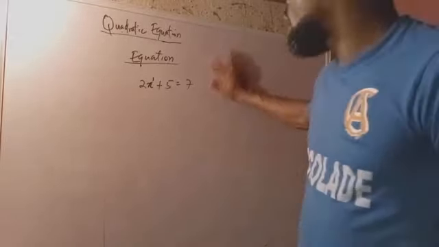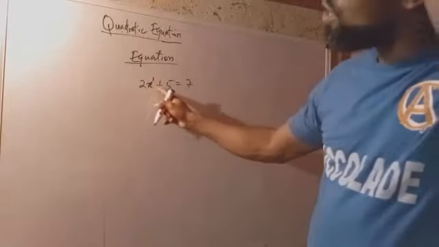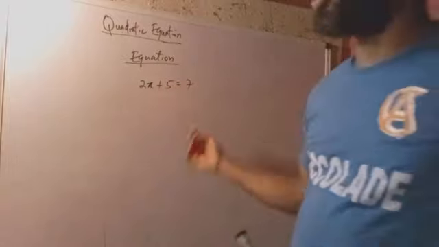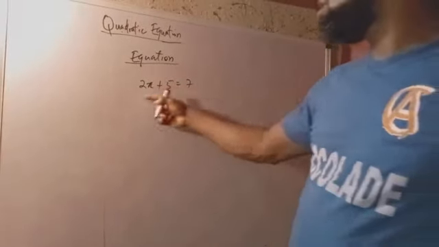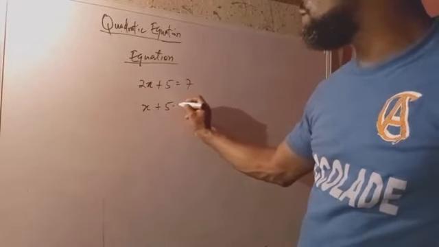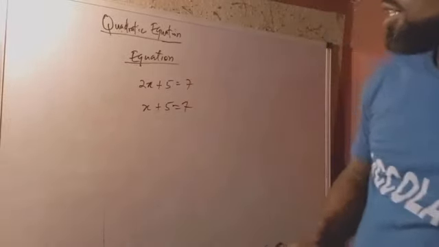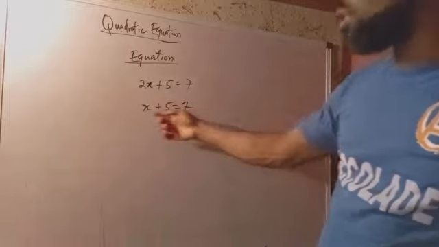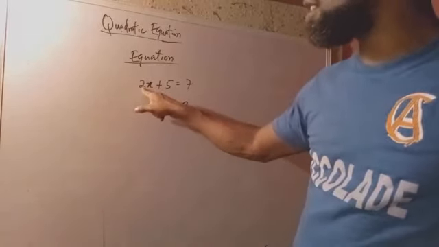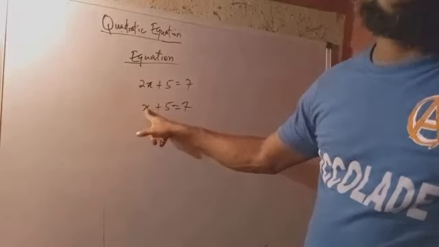Okay, fine. Having said that, we have 2x plus 5 equals 7. This type of equation is a linear equation. Let's also look at an equation like x plus 5 equals 7. This is still a linear equation. The difference is that the coefficient of x here is 2 and the coefficient of x here is 1.